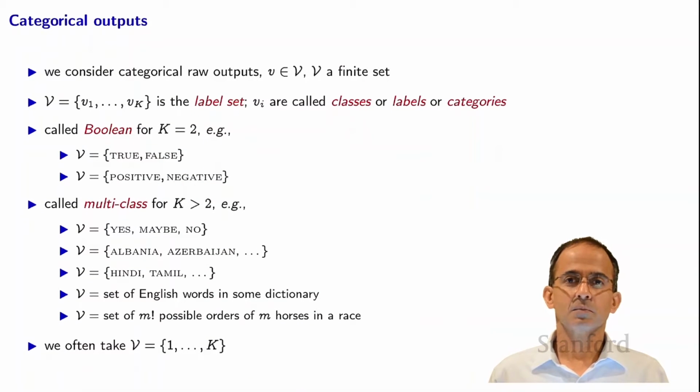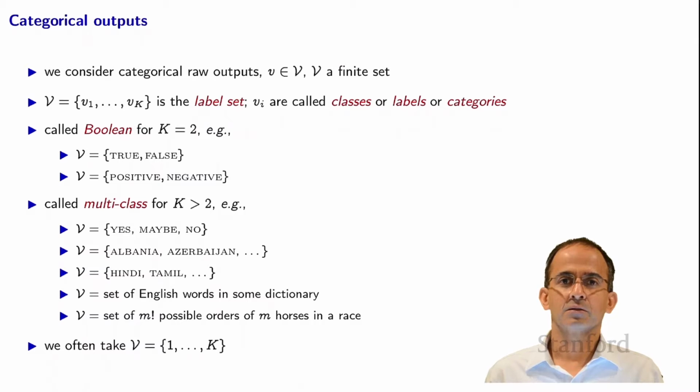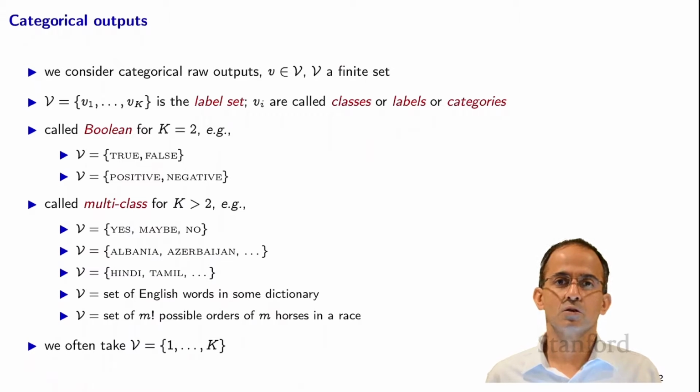So this is the point in the class at which we are going to change to our next major topic. So far we've talked about, in the main, regression. Problems where the target variable y is a real number or a real vector.